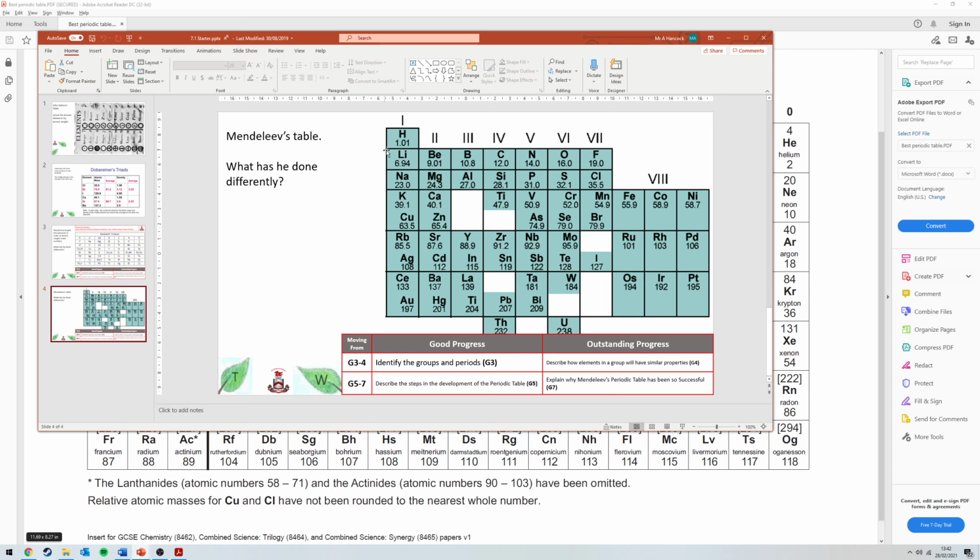So what he did is he left little gaps. And this is what set Mendeleev apart from every other person making periodic tables at the time, because people were arranging in order of mass, and putting them in groups that reacted very similarly, but nobody was leaving gaps for stuff that they hadn't discovered yet.